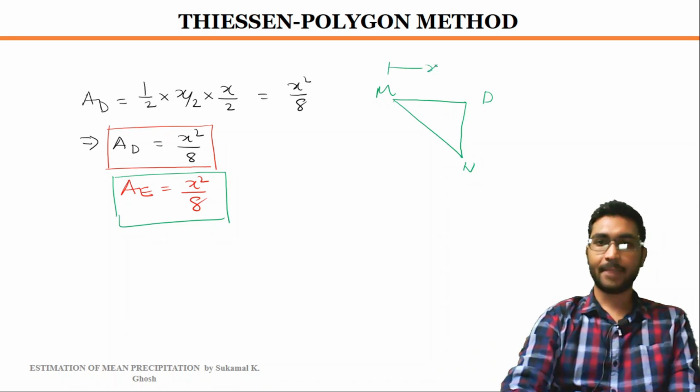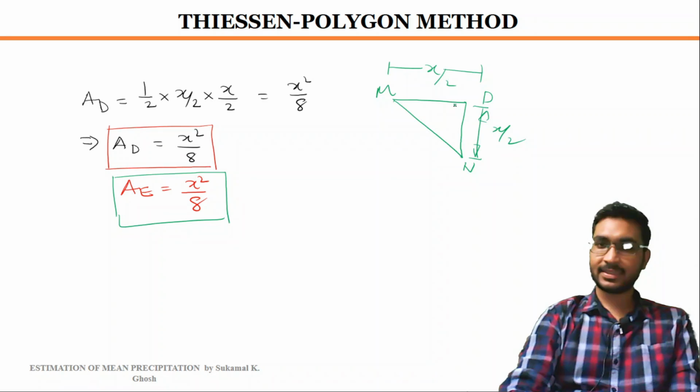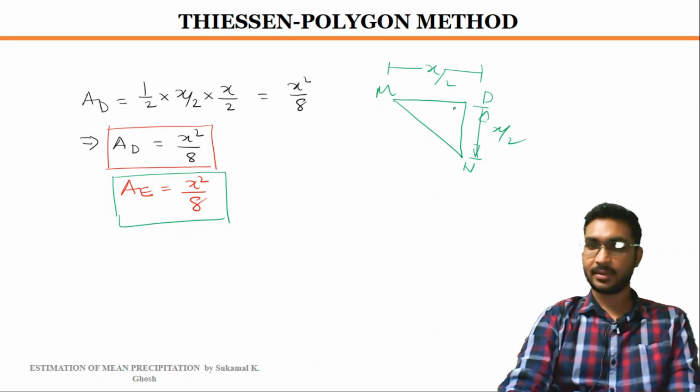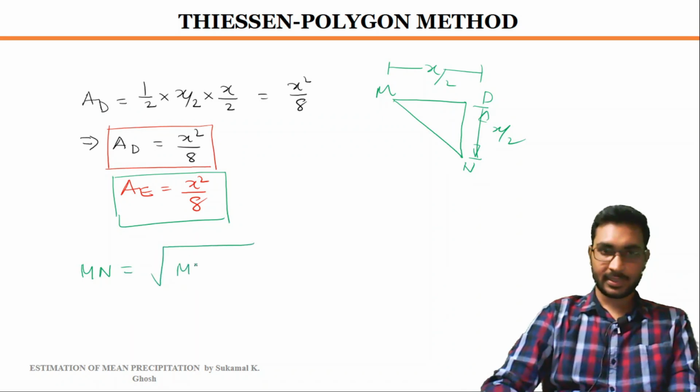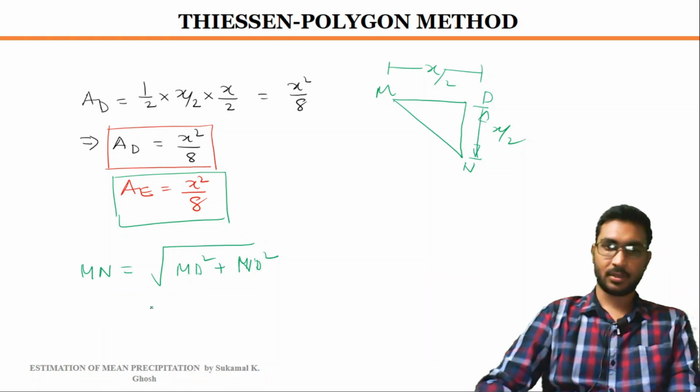We know MD is equal to x by 2 and DN is also equal to x by 2, and this is a right angle triangle. So by using the Pythagoras theorem we may calculate this MN. MN is equal to root over MD square plus ND square.